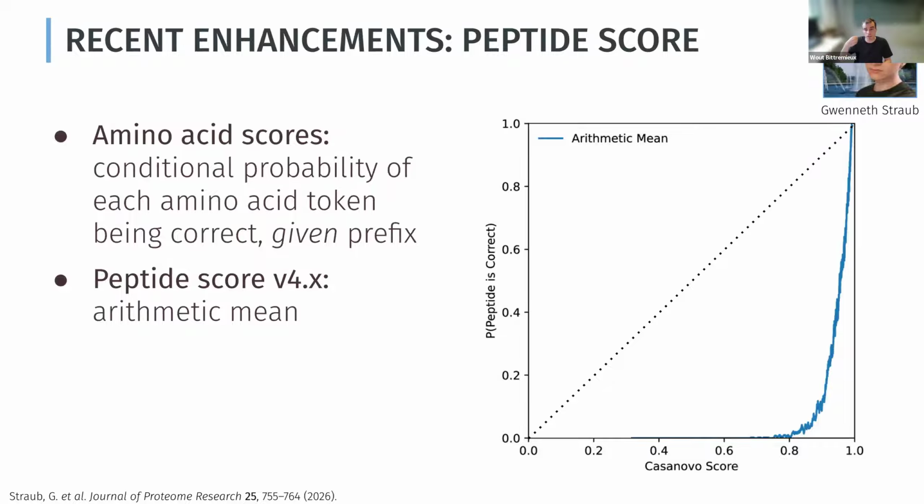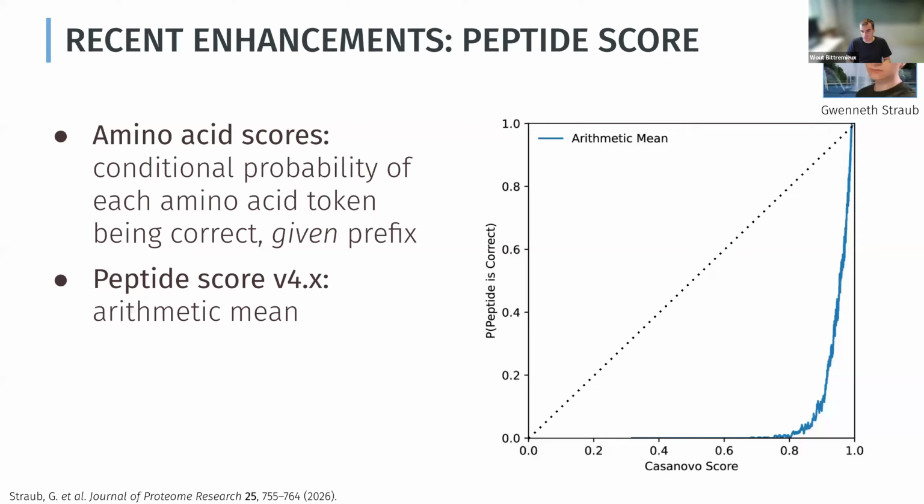And so those amino acid scores can be considered the conditional probability of each amino acid token being correct, given the prefix peptide sequence. And so then in version 4, to get to a peptide score, we calculated the arithmetic mean of those amino acid scores.